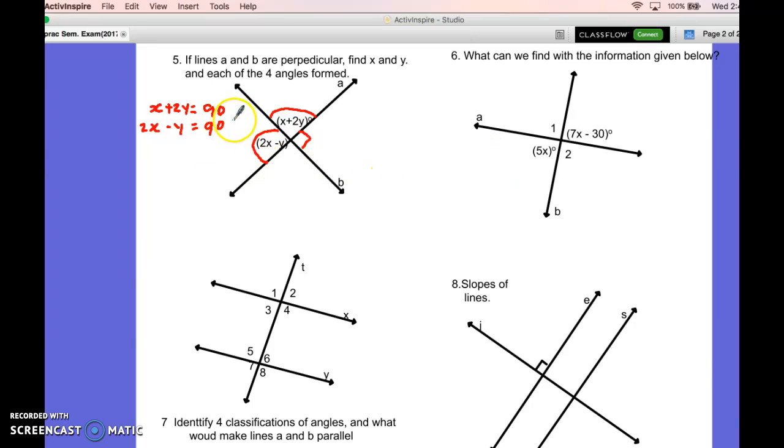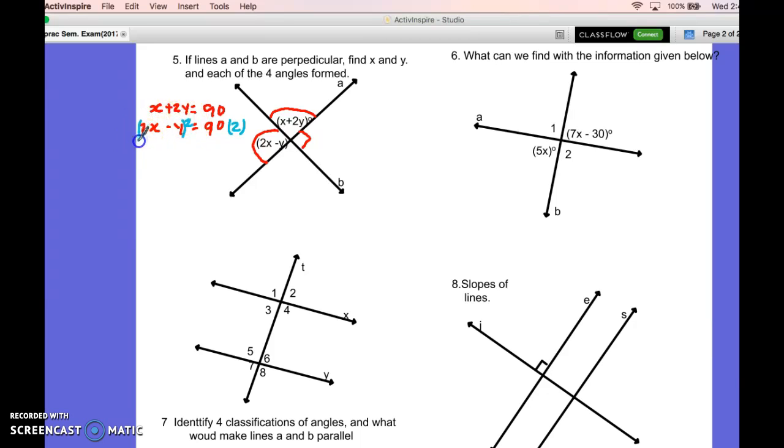Let's try this. We have to multiply this side by 2. That's the right side of the equation. And when we do that, then we also have to multiply this side by 2 as well. So we're going to kind of do the backward distributing.